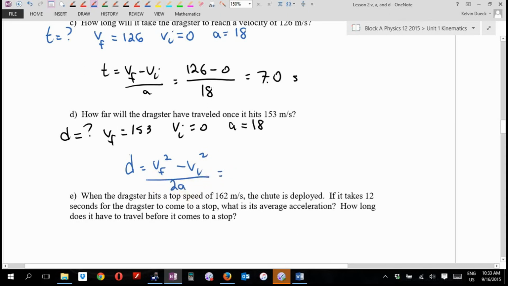It's going to be 153 squared minus 0 squared to find where they are? Yeah? It's this one.